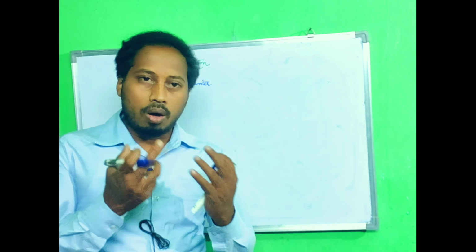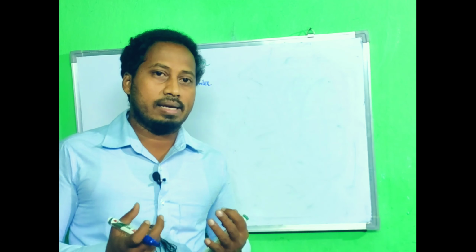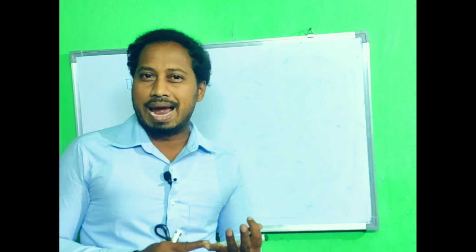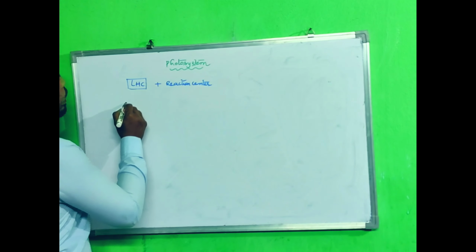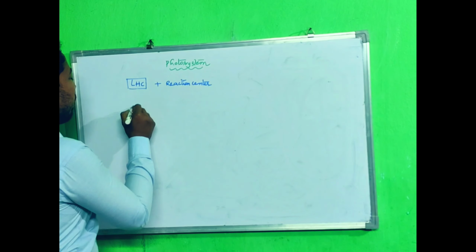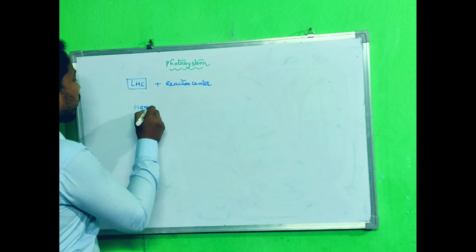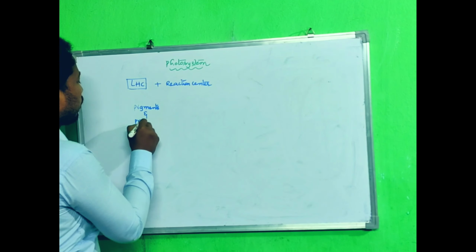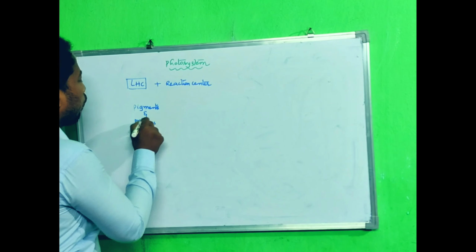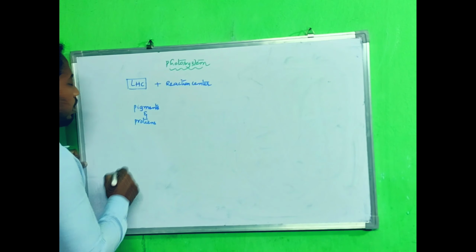So light harvesting complex will contain both proteins and pigments. What are those pigments?